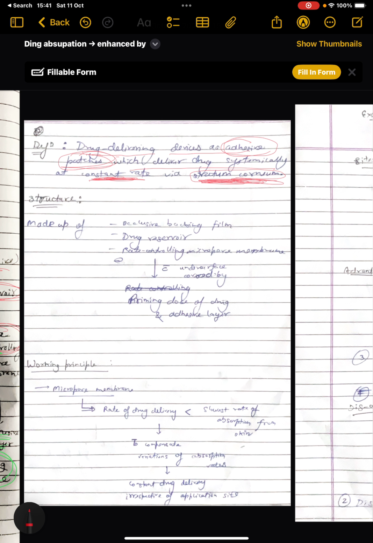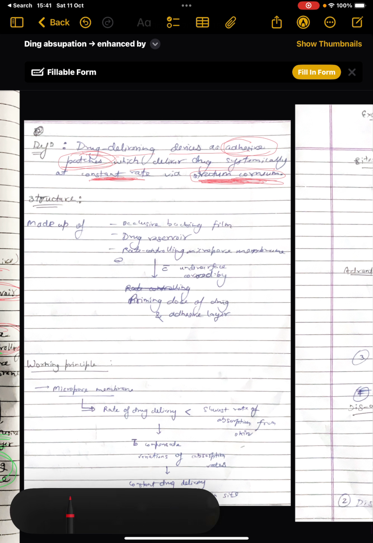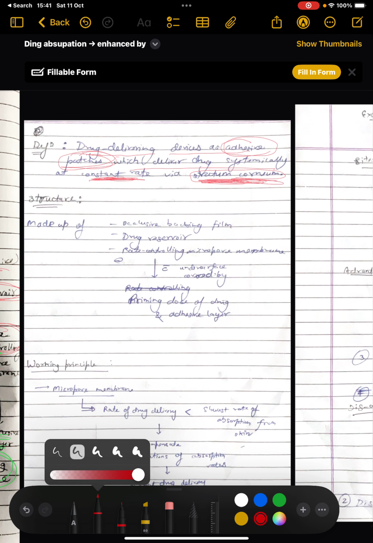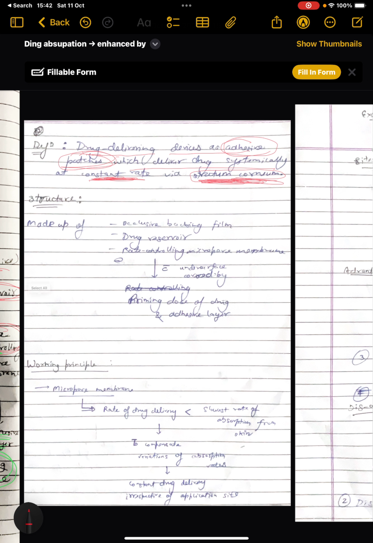Now the working principle. On what principle does this work? Let me shift my pen thickness back to what it was. So the working principle on which it works is that first of all, there is a micropore membrane, which I said.